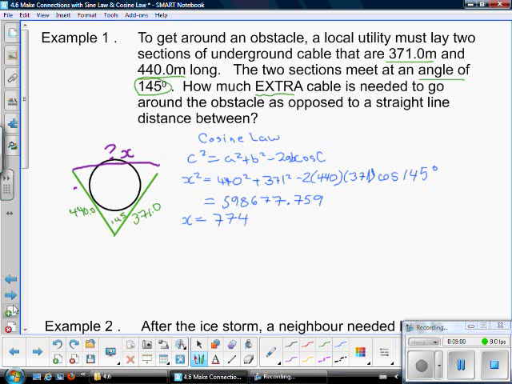Okay, so what we have found then is this straight across here. Now, is that exactly what they asked me to find? Well, it said how much extra cable is needed to go around the obstacle as opposed to a straight line distance between them.